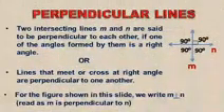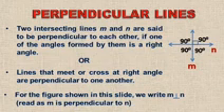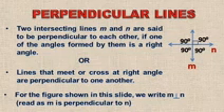Now, let's talk about perpendicular lines. Students, two intersecting lines M and N shown in this slide are said to be perpendicular to each other if one of the angles formed between them is a right angle, that is a 90-degree angle.